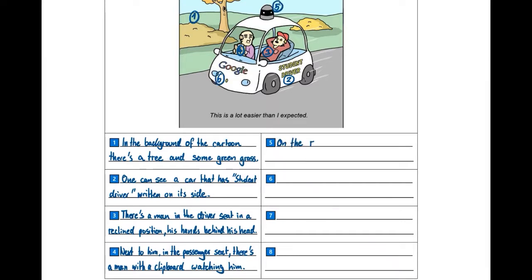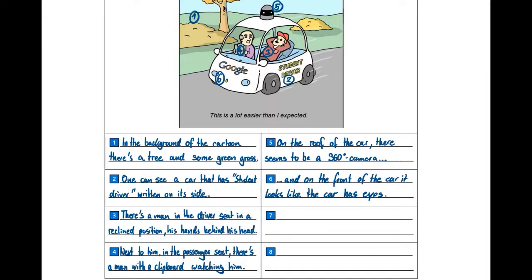Number 5, we describe the car a bit closer. So on the roof of the car, there seems to be a 360-degree camera, and on the front of the car, it looks like the car has eyes.